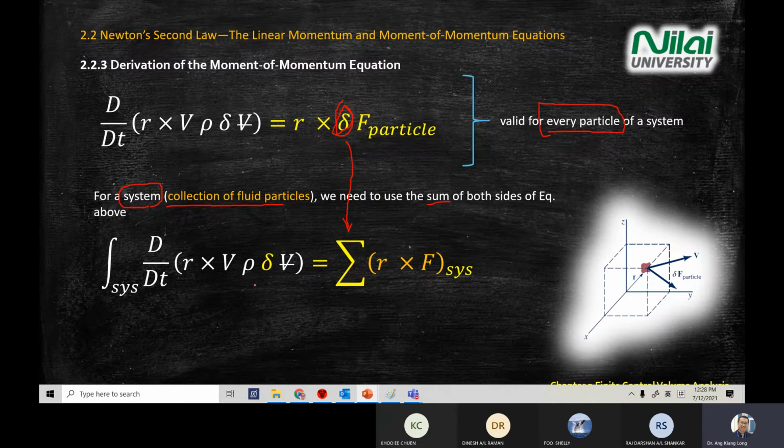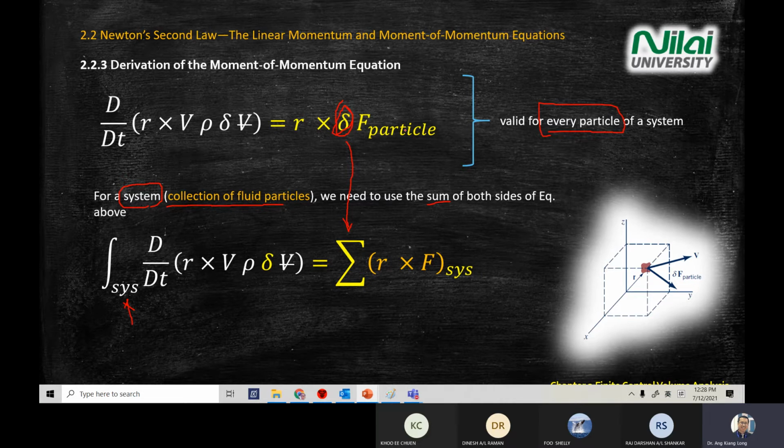The left-hand side remains the same, only you need to know that when you look at the system, you need to integrate the individual components inside the system. You need to add an integration if you want to look at the whole system. Okay, try to understand the above equation. In the above equation, you look at individual particles.